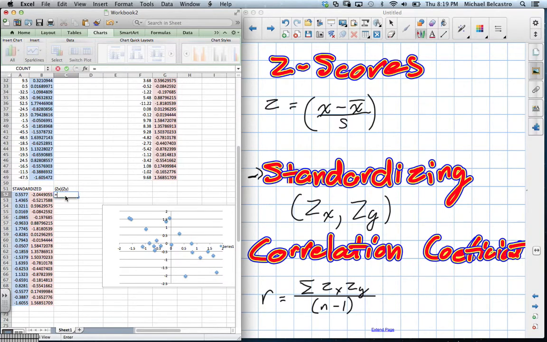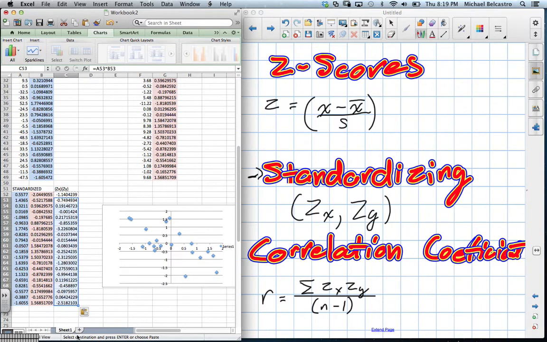And really all this is equals that guy, and now times is this little asterisk, okay? Times that cell. So those are the values of ZX times ZY. Same thing, I copy and paste, boom, multiplied them all for me.